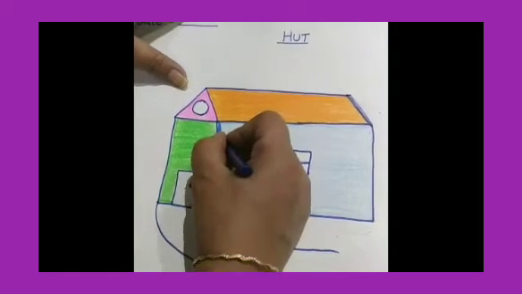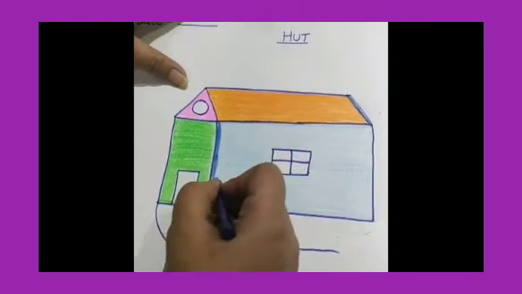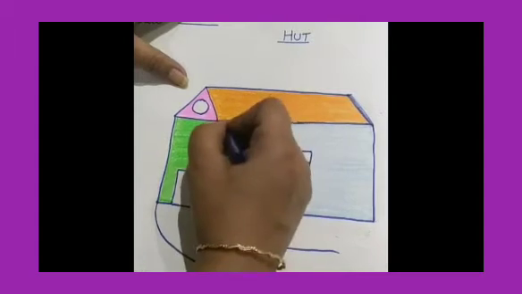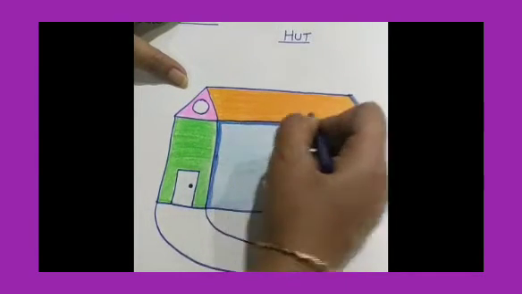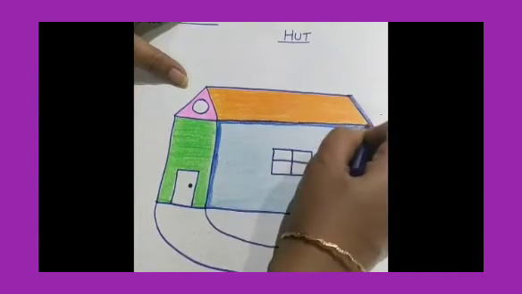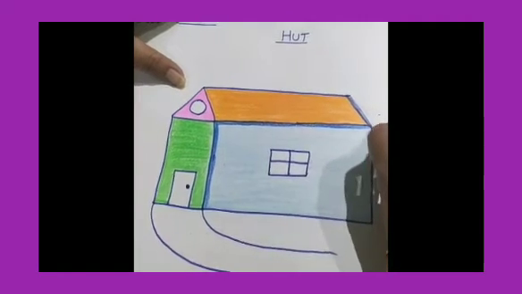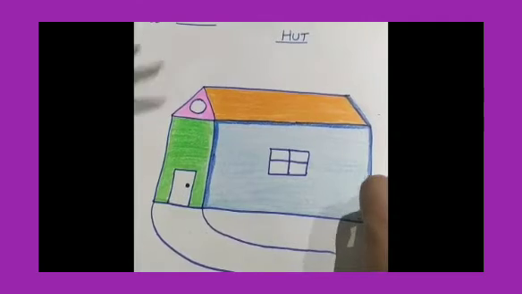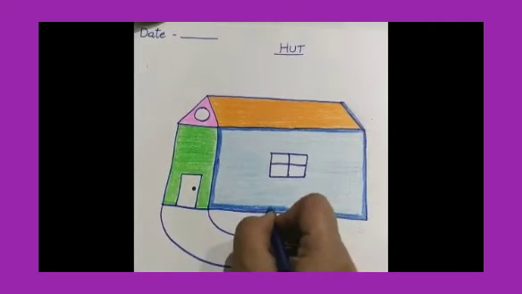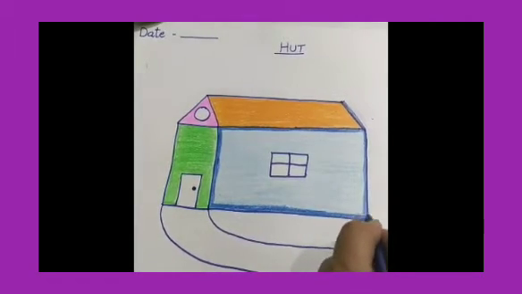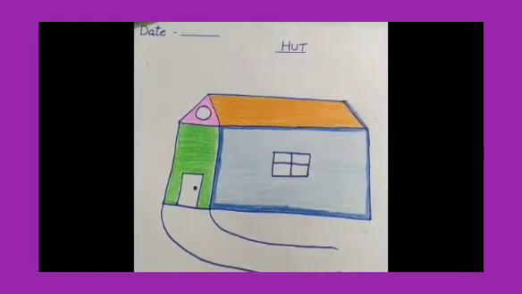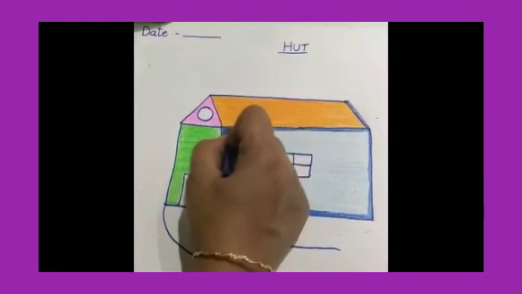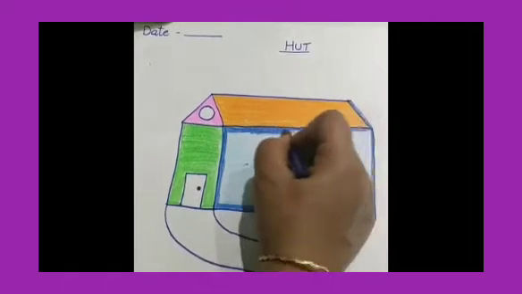Now let's do the outlining of this big rectangle. Now outlining is completed. So let's fill it with sloping lines.